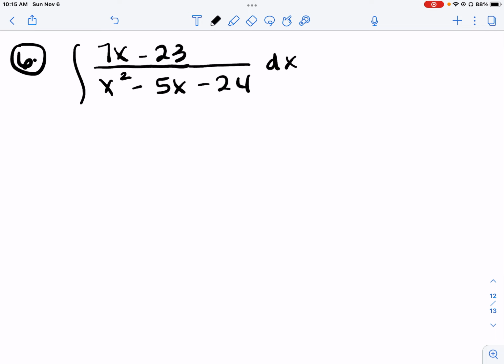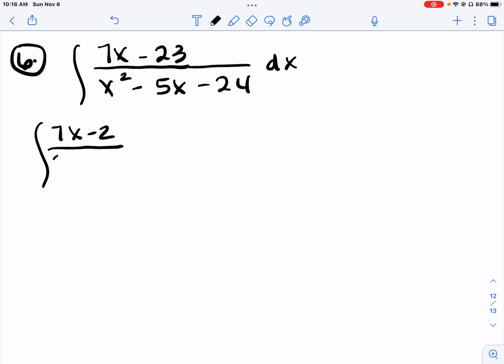Okay, we don't have the derivative on top, so we can't use ln. We don't have an x. We can't split up that top, so we're going to use the partial fractions, which means we need to factor the bottom.